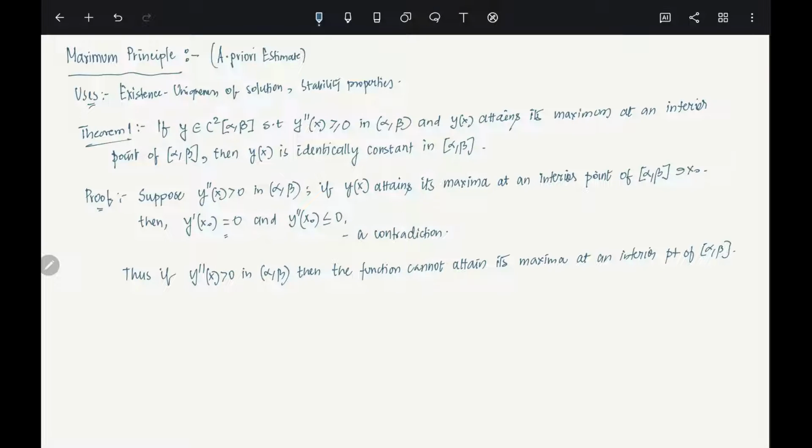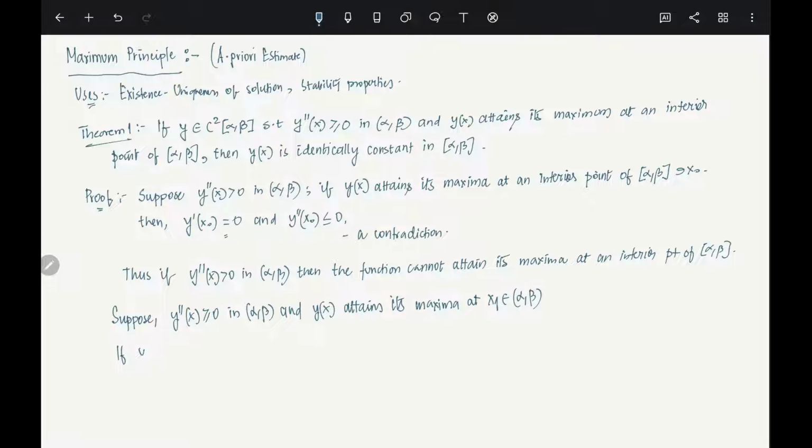Now what happens if there are some points where the double derivative is 0? Suppose y double prime at the point x is greater than or equal to 0 in (alpha, beta), and we will also assume that y(x) attains its maxima at x1, which is in the open interval (alpha, beta), some point.